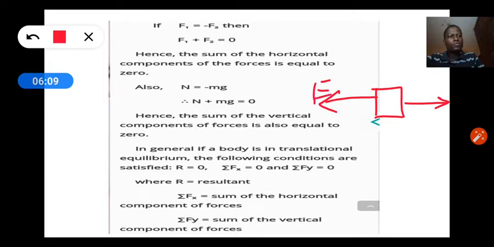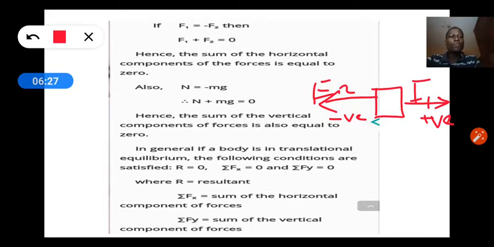This one was F1 and this F2. Remember the diagram? Good. Because this direction is this way, we consider it as negative and we consider this as positive. Remember, it says if their magnitudes are equal.